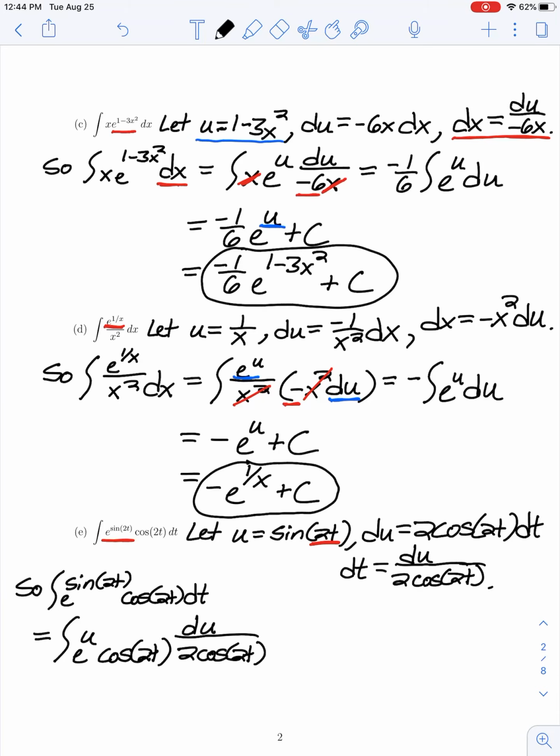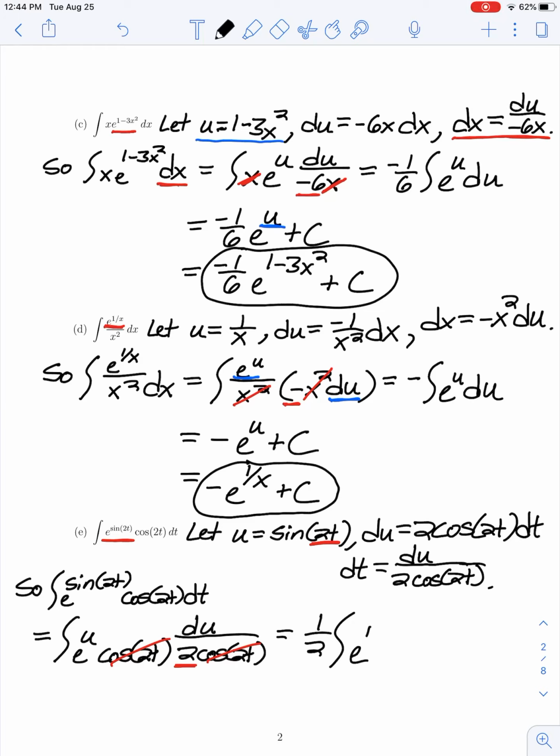So after we've made this substitution, we can see that this factor of cosine 2t in the numerator and denominator will cancel one another, and we're left with a constant factor of 1/2, which we can bring out in front of our integral.